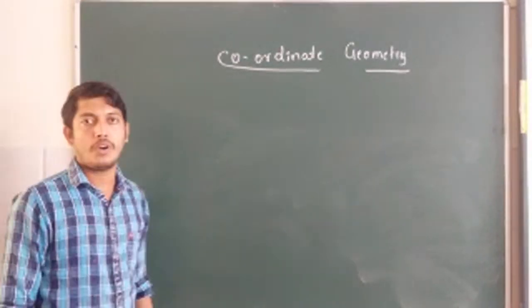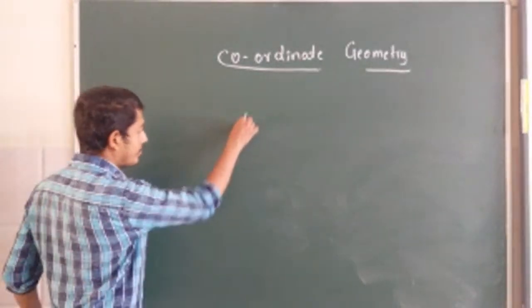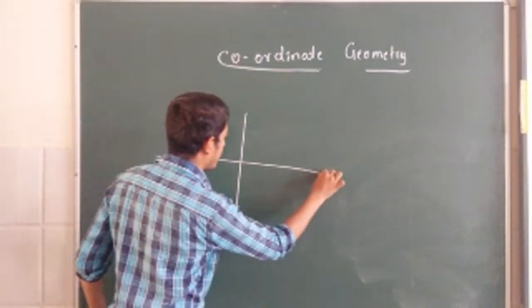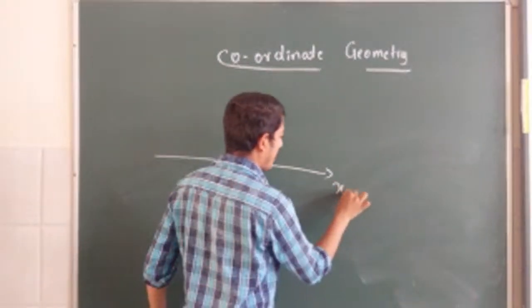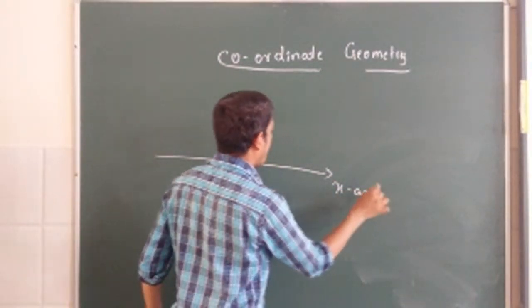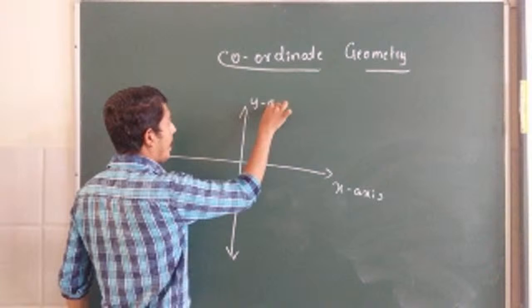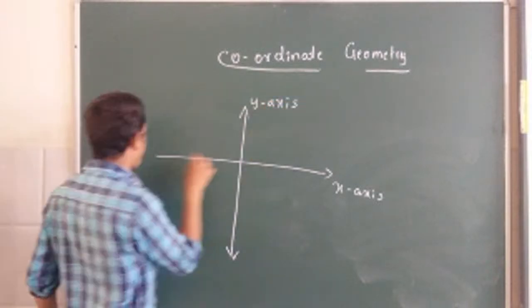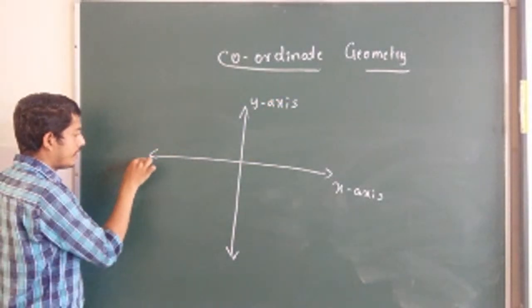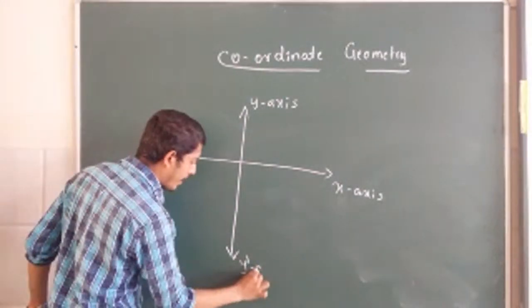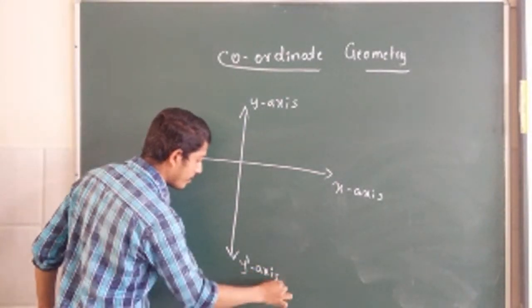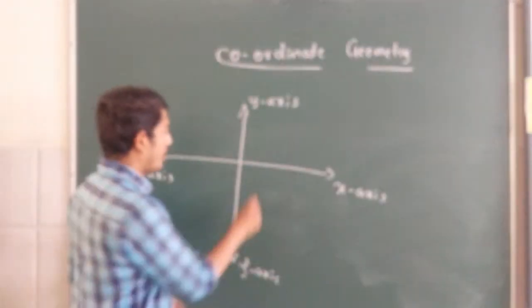Next thing is quadrant. So this is the x-axis and this is the y-axis, and this one is the x-dash axis and this is the y-dash axis.